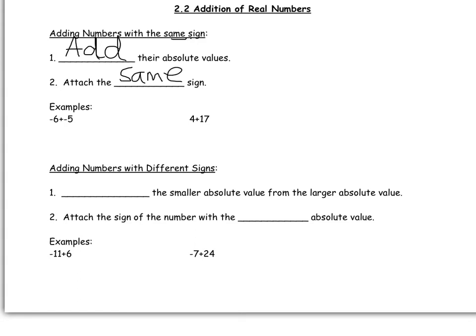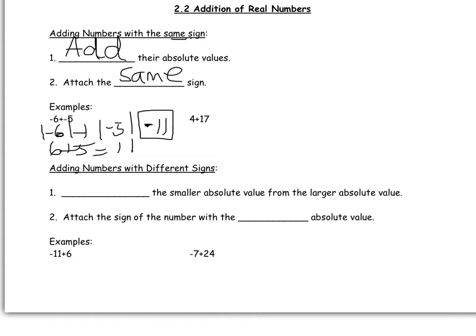For example, negative 6 plus negative 5: it's like adding the absolute value of negative 6 plus the absolute value of negative 5, which is 6 plus 5, giving 11. You attach the same sign, so your answer is negative 11.